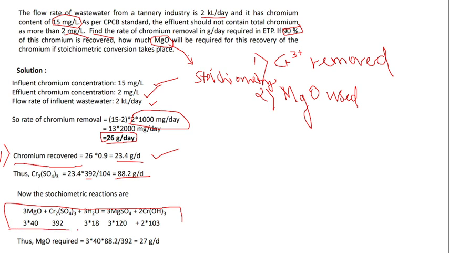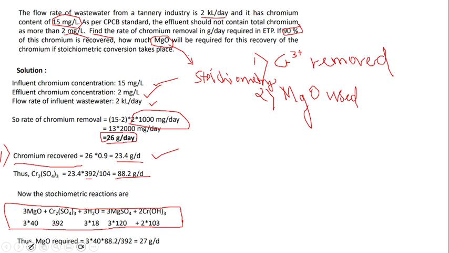How the chromium sulfate is converted to chromium hydroxide is given by this equation. Now, we know that for 392 grams of chromium sulfate, 3 into 40, that is 120 grams of magnesium oxide, is required for the treatment process.